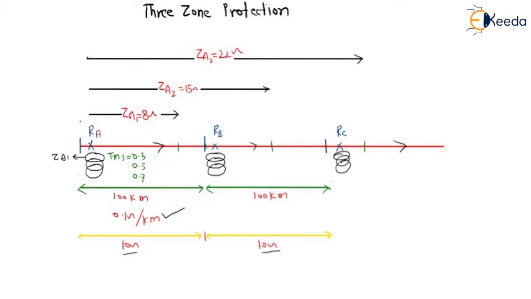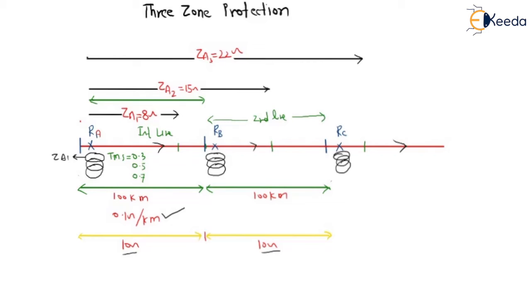Means if we are talking in terms of transmission line, let us assume this whole is 100% line, this whole is 100% line. In between, this is 100% of the first line, and this is the second line of 100 kilometer.